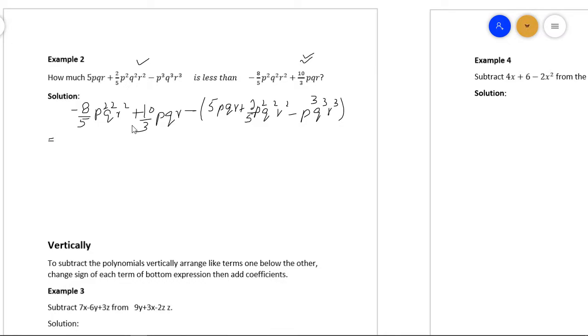Now what we have to do, take off the parentheses and change the sign. Minus 8 by 5 p square q square r square plus 10 by 3 p q r minus 5 p q r minus 2 by 5 p square q square r square plus p cube q cube r cube.